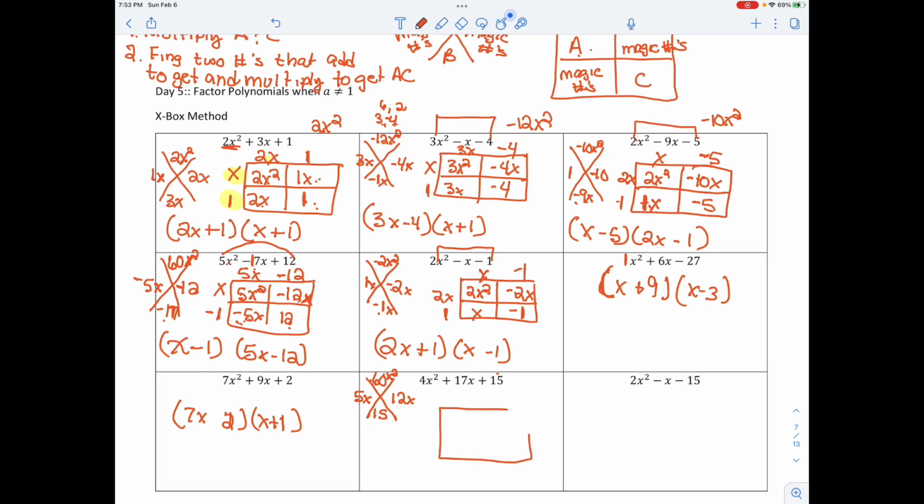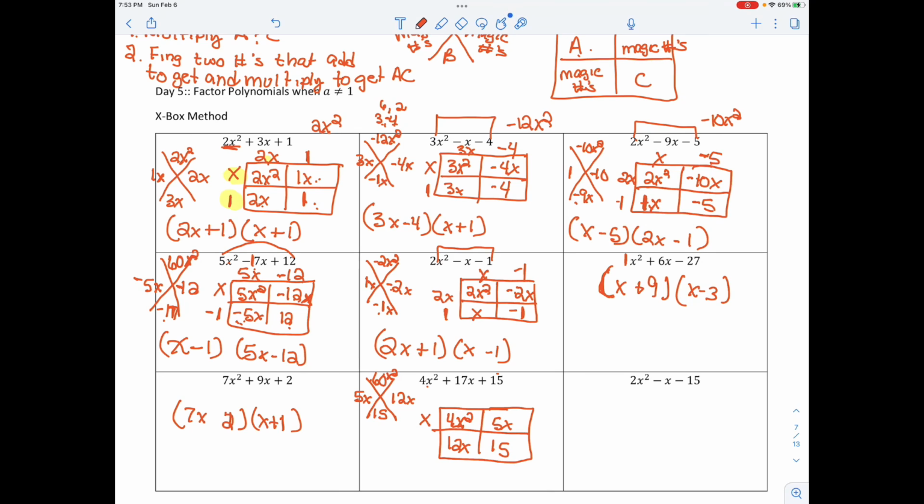So I'm going to set up my box. And I'm going to put A here. I'm going to put C here. And I'm going to put my magic numbers in the middle. Okay? So what's the GCF between 4x squared and 5x? That would just be x.